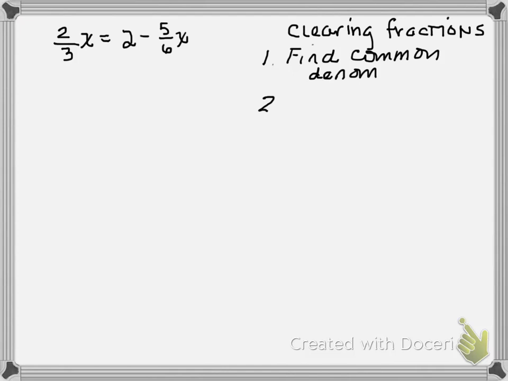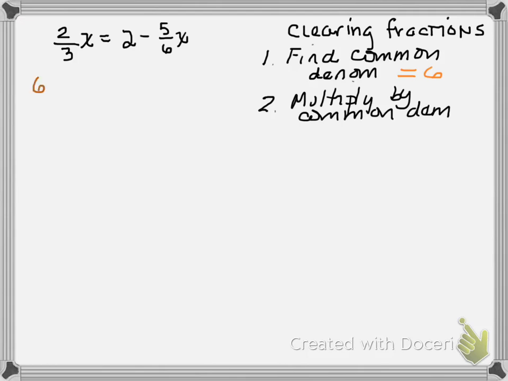So now that we have our common denominator, which in this case is 6, we're going to multiply everything in that equation by our 6. Okay, so now when you do that, you have to remember to multiply every single piece of your equation by that common denominator.